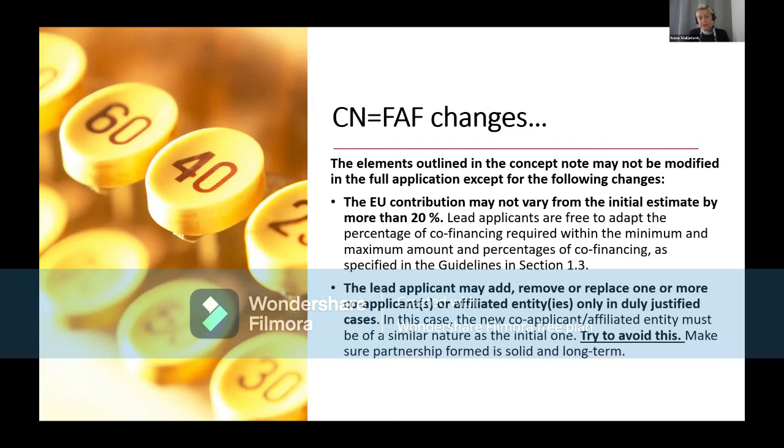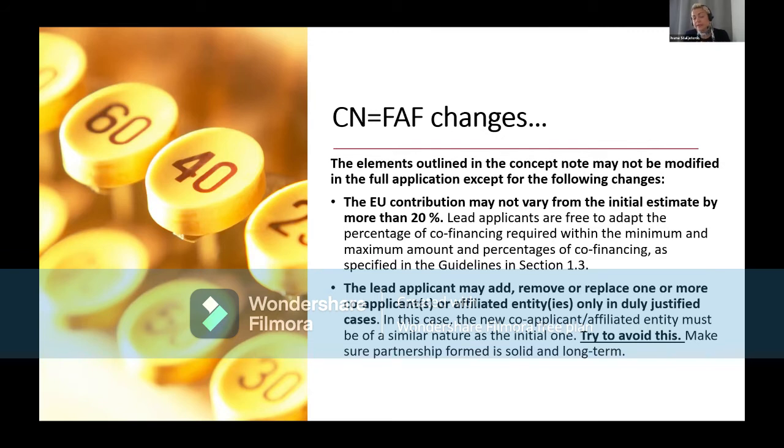So everything was taken into account, and in order to ensure equal treatment, it is really not allowed to just say, okay, we don't cooperate anymore with this co-applicant, so we want to remove it. There are some possibilities to replace it in duly justified cases.